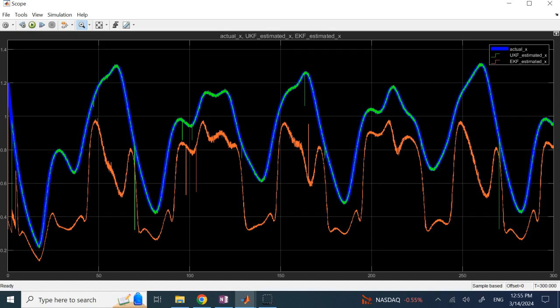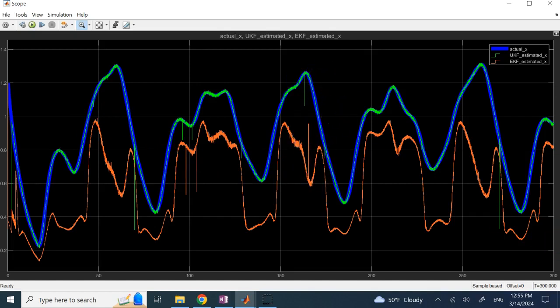If you look, the blue is the actual signal, the green is UKF, and the red is EKF. And you can see that UKF is doing a way better job than EKF does. You might ask, what are these drops or sudden behaviors? These are just because of the delay that we have in the system.